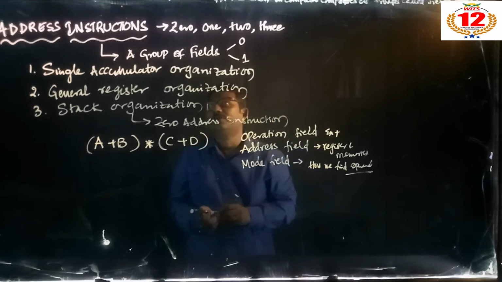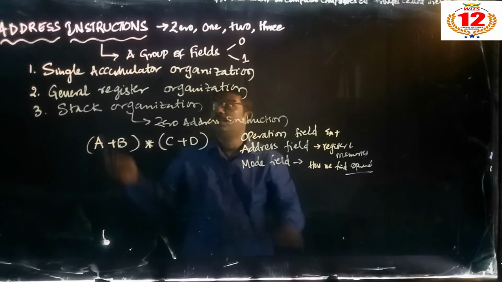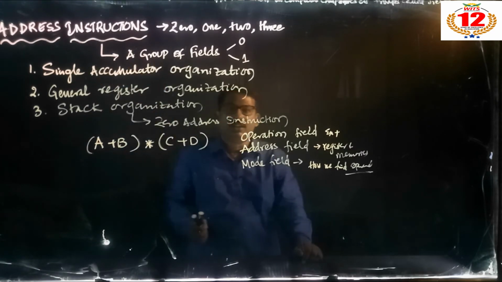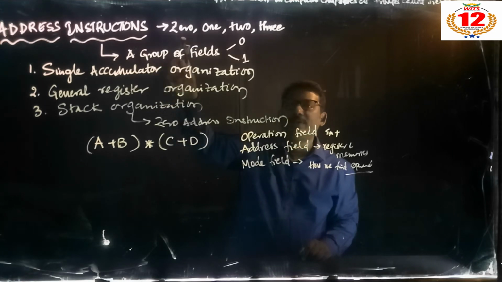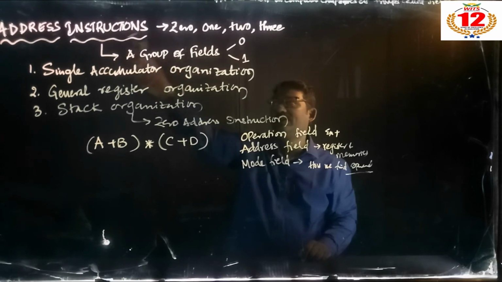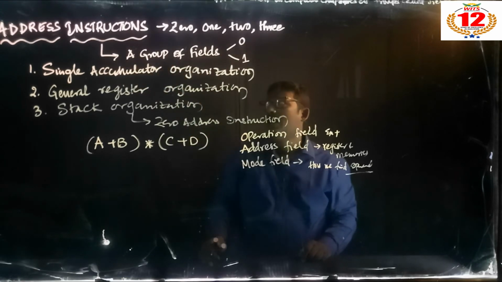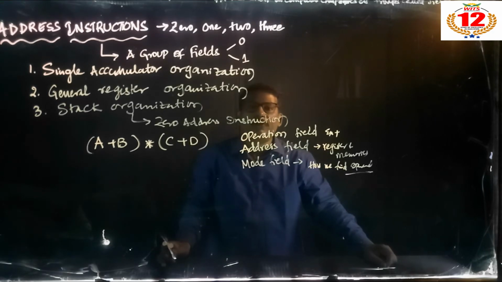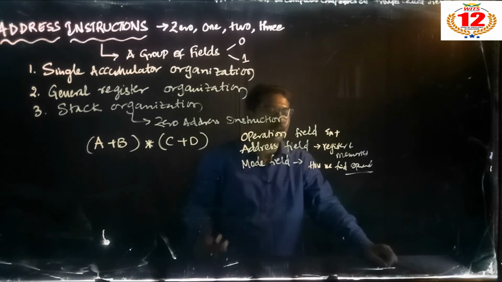Once again, I am going to discuss the address instructions. Among them there are four: 0 address instruction, 1 address instruction, 2 address instruction and 3 address instruction. A computer is a machine which will perform tasks based on the instruction given by us. It will use the memory, which has registers as well as memories.